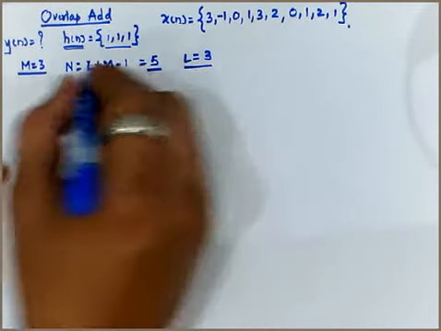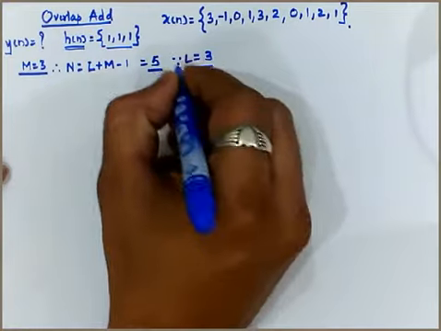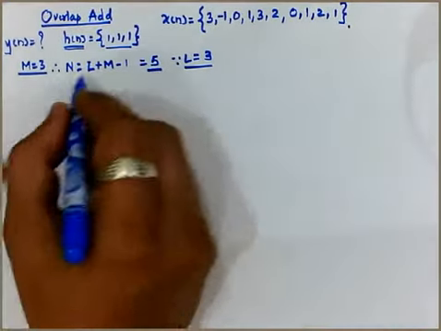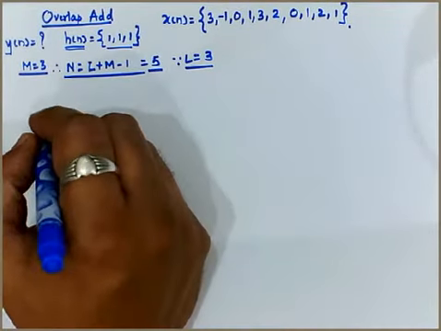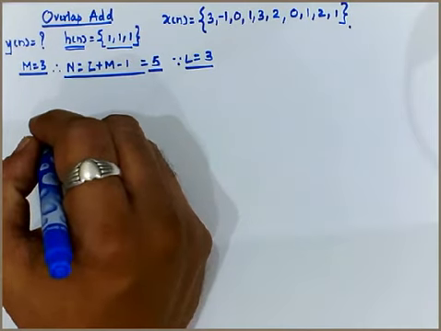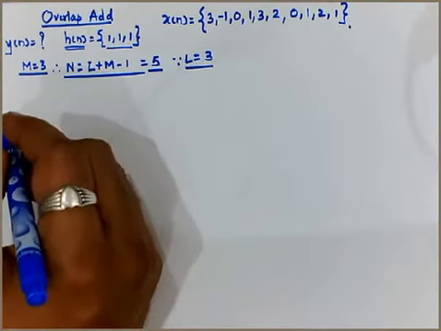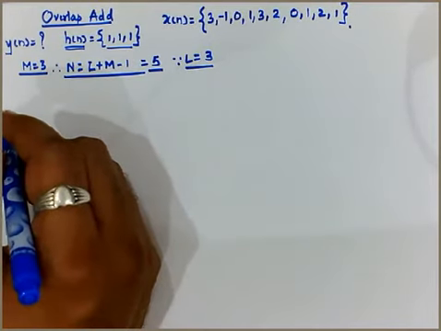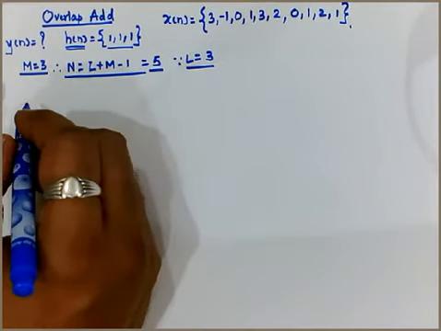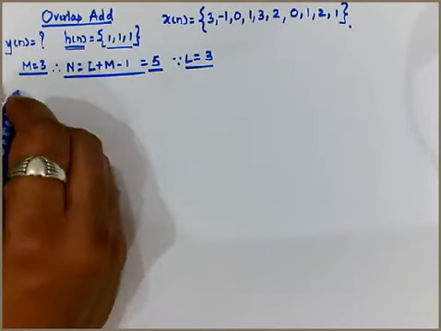Therefore, since L is 3, N will be 5. We need to proceed with the 5-point circular convolution. Obviously that is the case. Let's bifurcate the x of n, which is the lengthy sequence, with respect to the value of L in each sequence.